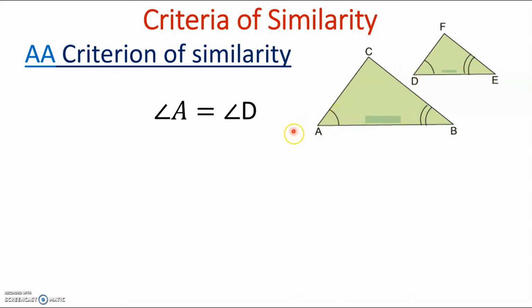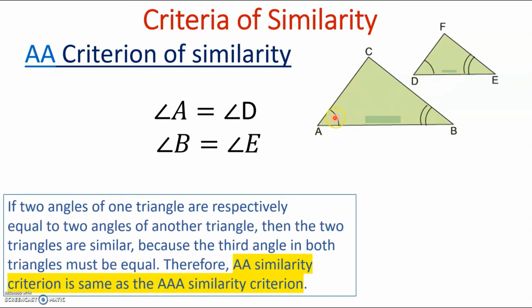Why? You have these 2 angles equal, then the third angle would be 180 minus these two angles, so the third angle will also become equal. So when you have three angles equal, we can call this similarity, because when two angles are equal, the third angle will also be equal.